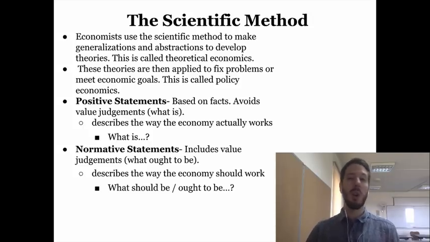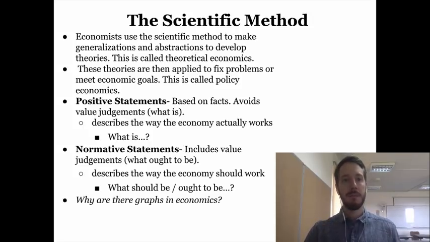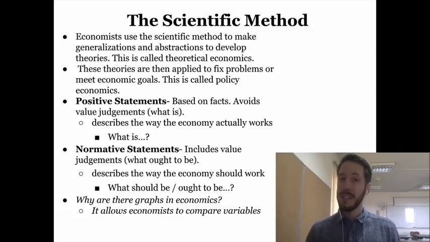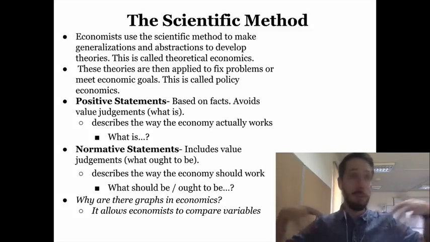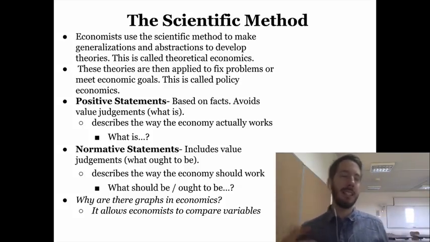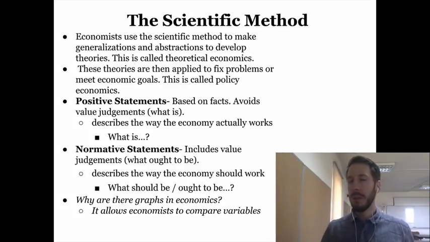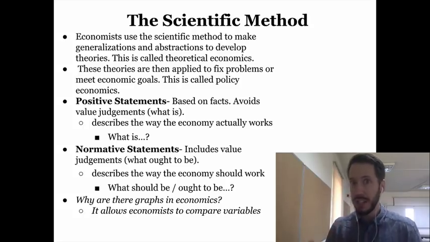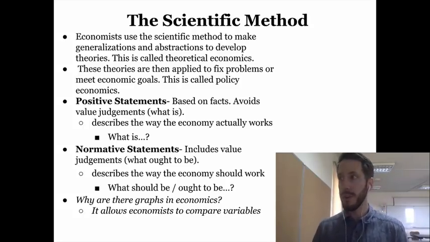It could be describing what ought to be. So why are there graphs in economics? It allows us to compare two different things or multiple things. In this particular class, you'll only be looking at two, maybe three different variables as we start this foundation. If you go into this further, you're going to be looking at multiple variables in economics.